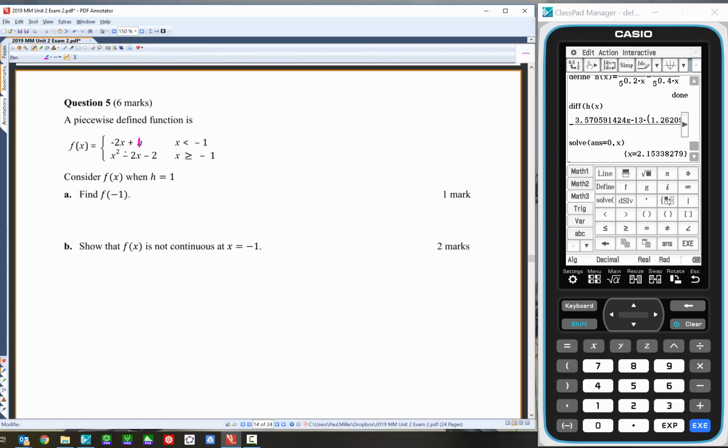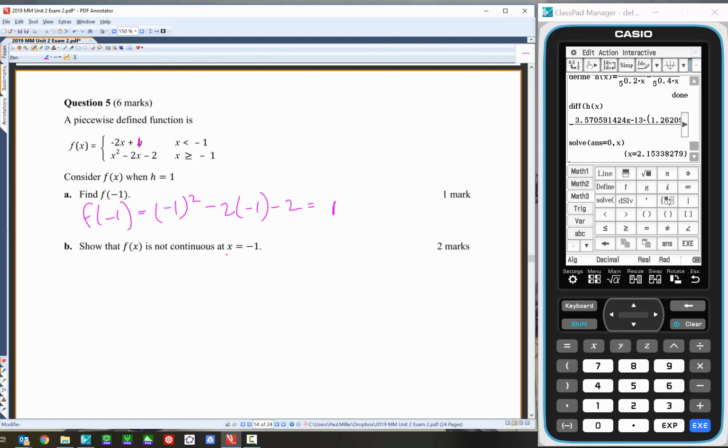All right, so it's got to go into here. So f of negative 1 is equal to negative 1 squared, take away 2 times negative 1, take away 2. And what's that going to be? That's going to be 1 plus 2, which is 3. 3 take away 2 is 1.